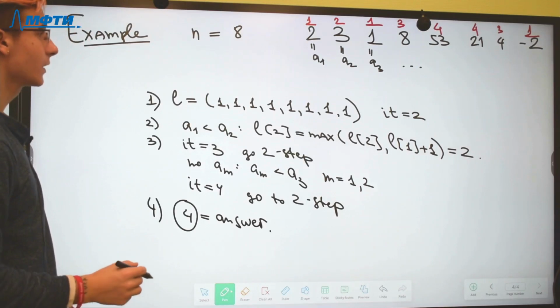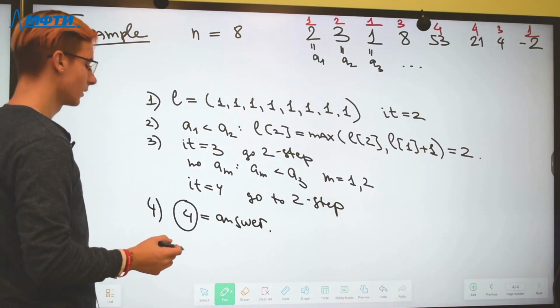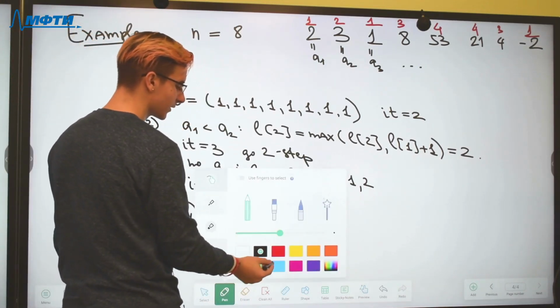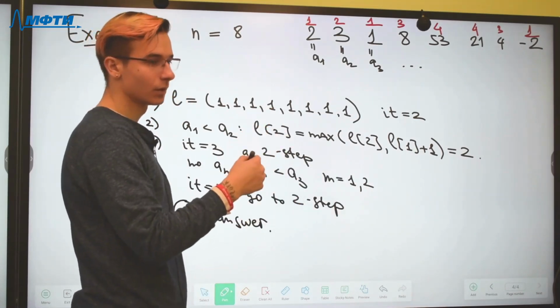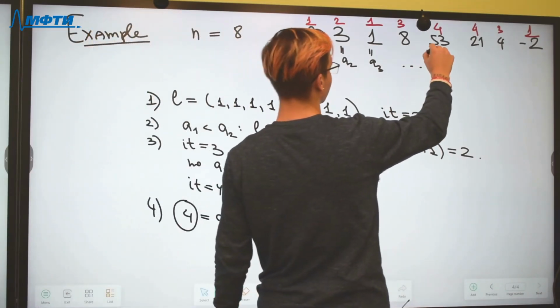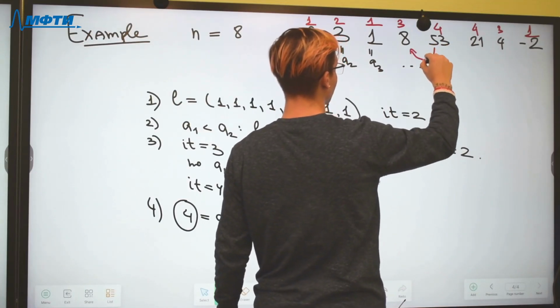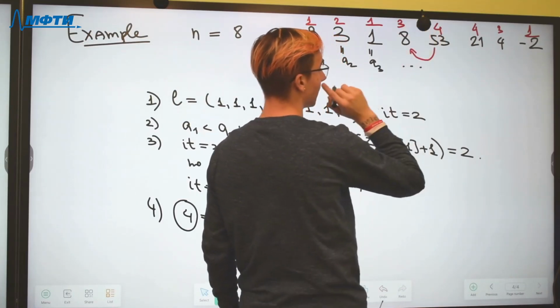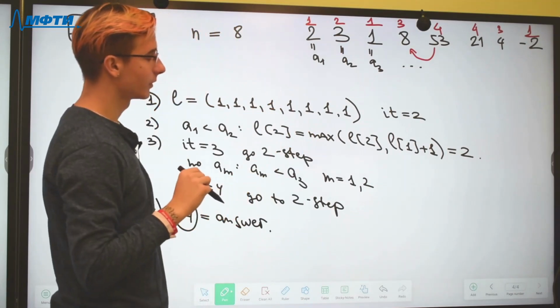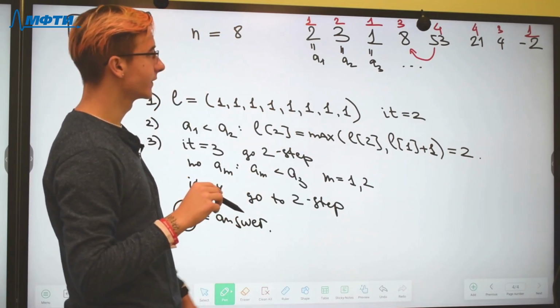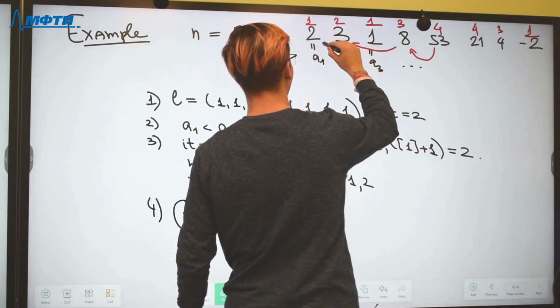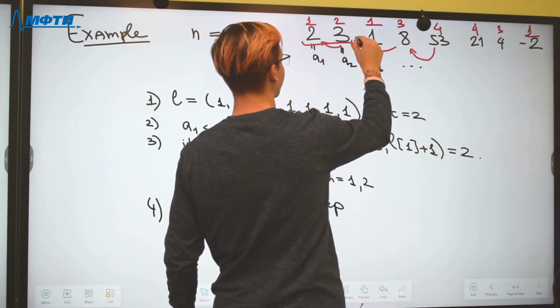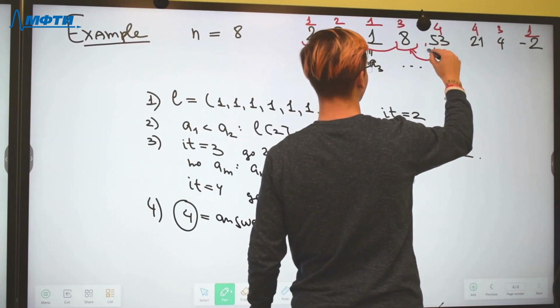And of course, we can find the subsequence itself if we store a link to the previous number, not only the number. We find that this number connects with 8, it connects with 3, that connects with 2, and then we find this subsequence.